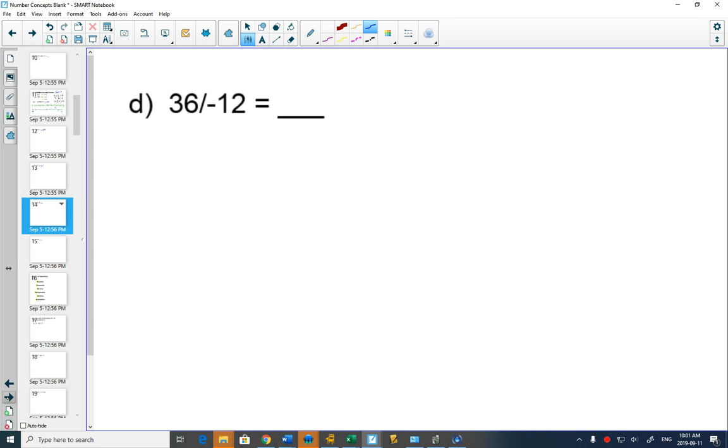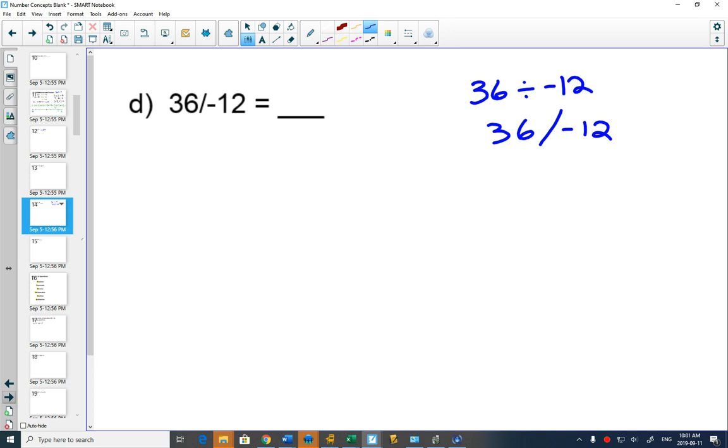ways of writing divide? Have you seen this symbol before for divide? Have you seen this one before for divide? No? So that one's new? Oh, so if you hit the divide button, the slash button comes up on the calculator. So you might have seen it there.